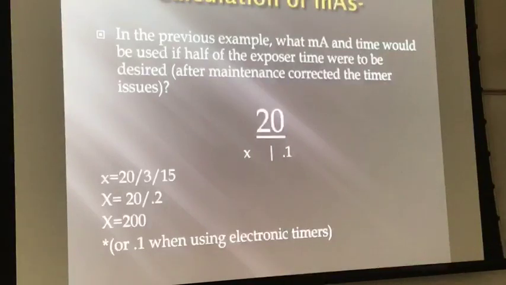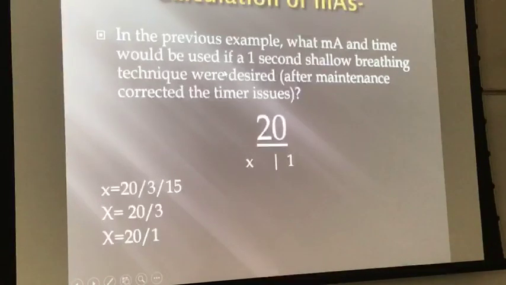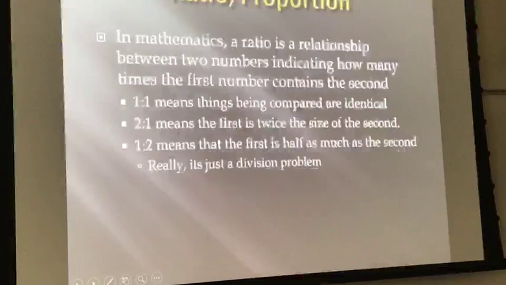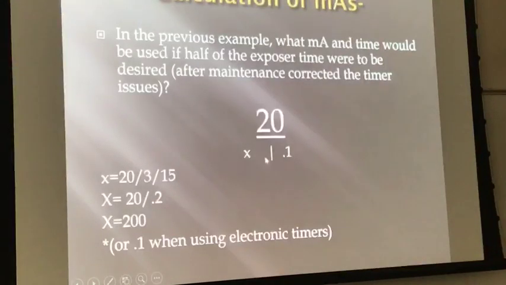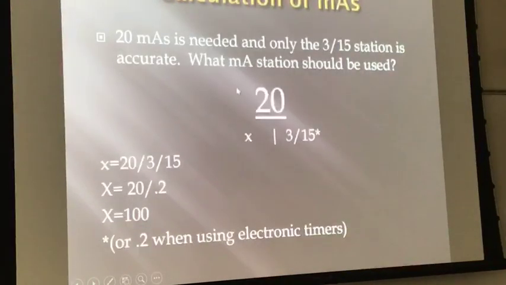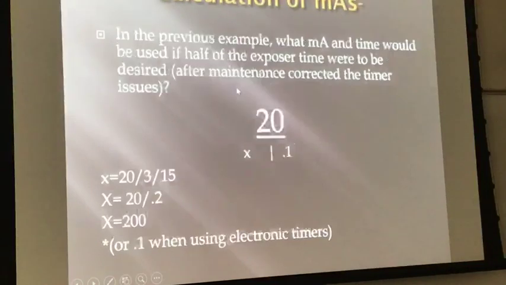In the previous example, what mA and time would be used if half the exposure time were to be desired? So you want half as much exposure time. Obviously you're not going to have that right in front of you on the quiz. What you're going to have is essentially just the question. In the previous example, what mA and time would be used if half the exposure time were to be desired?